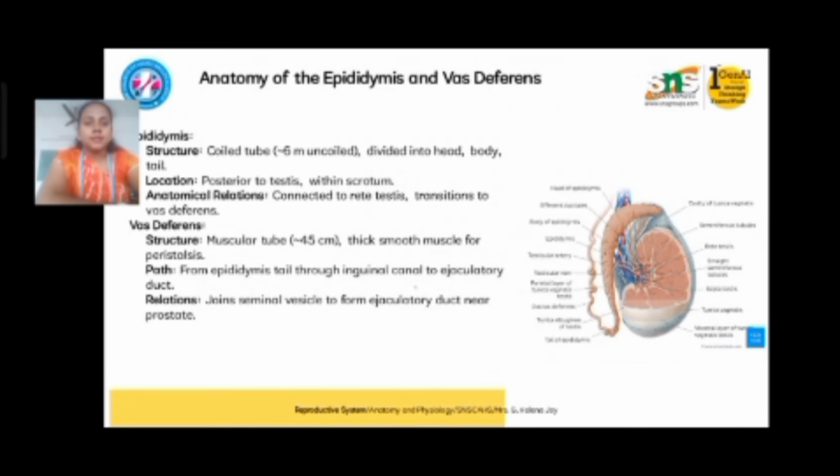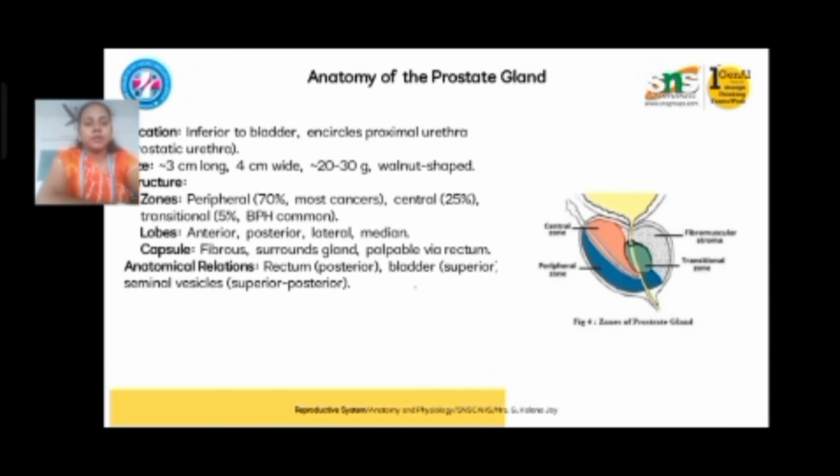Coming to the prostate gland, its location is inferior to the bladder. Its size is about 3 centimeters long and 4 centimeters wide, and it weighs about 20 to 30 grams, with a walnut shape. The structure has three zones: peripheral zone, central zone, and transitional zone.